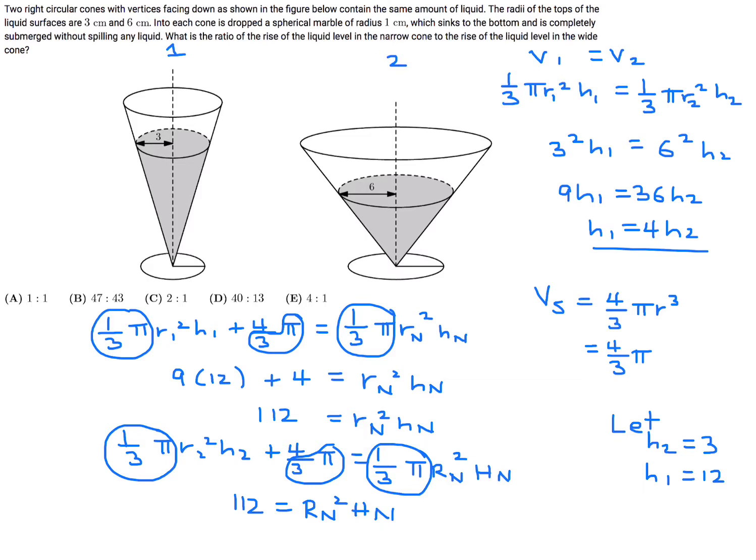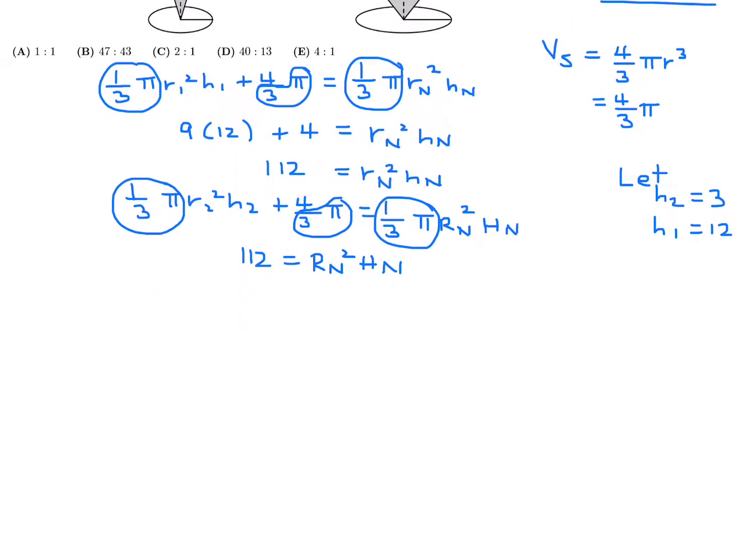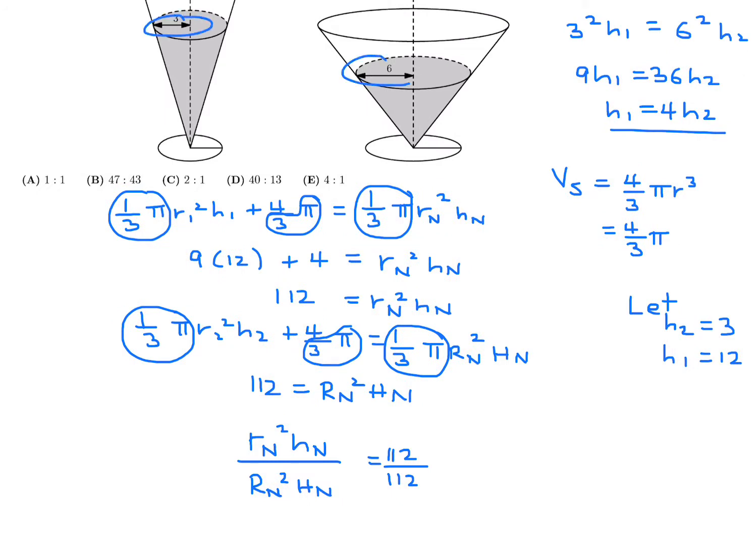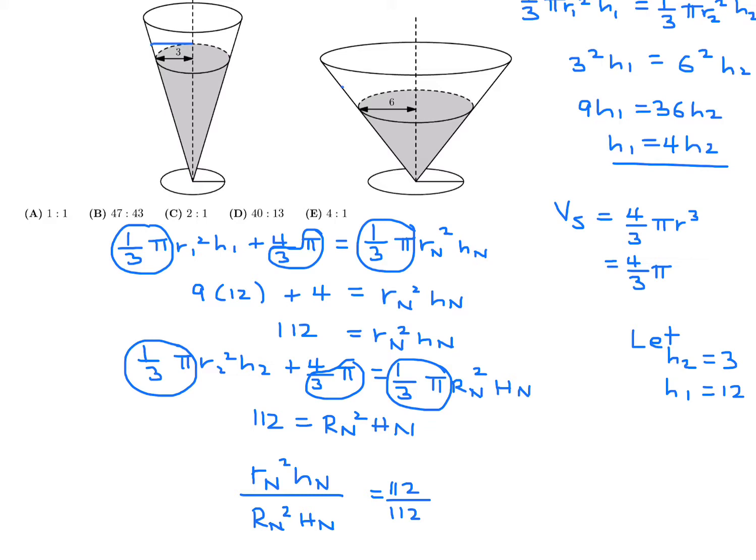Okay, so now we're ready to compare this, and that should give us the answer. So if I put the r_n squared h_n over the big R_n squared H_n, that is 112 over 112, which is just 1. And then the ratio of the radii is basically just 1 to 2. With similar triangles, no matter what it is, it's always going to be a 1 to 2 ratio.